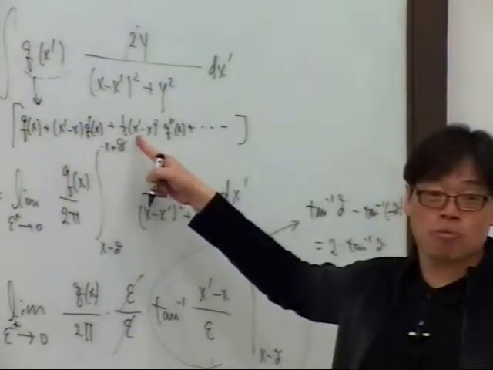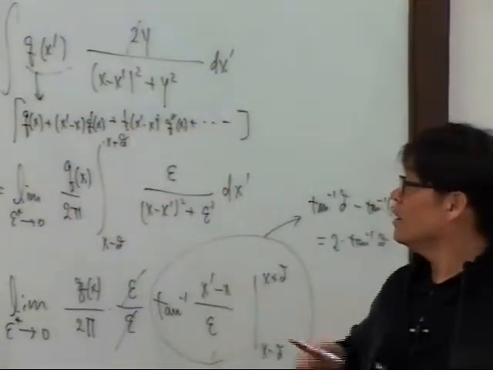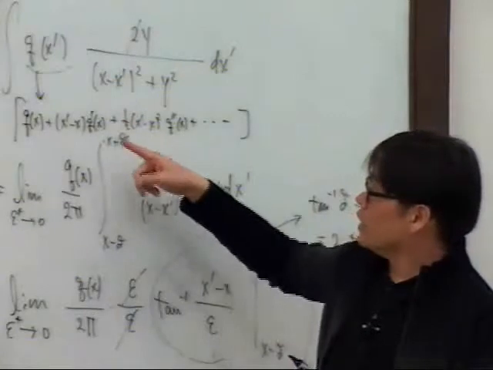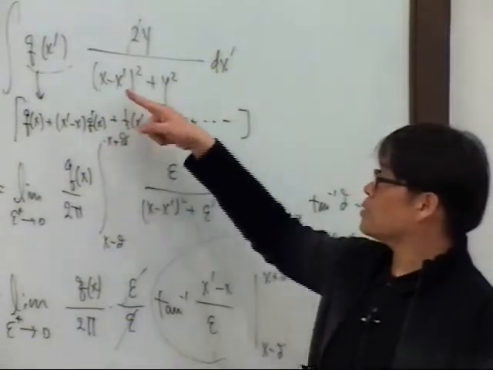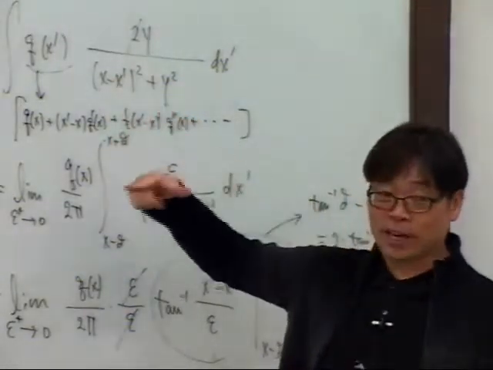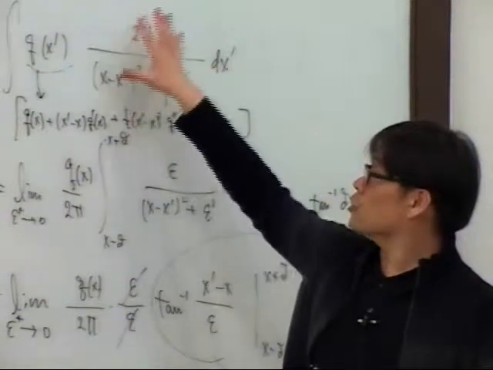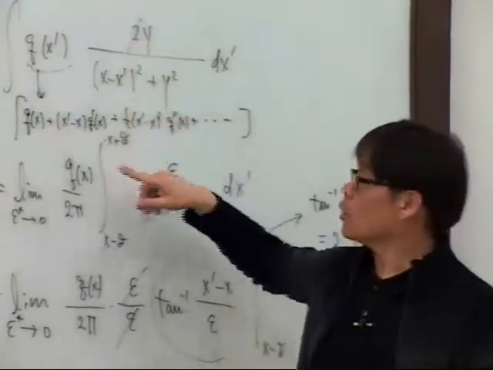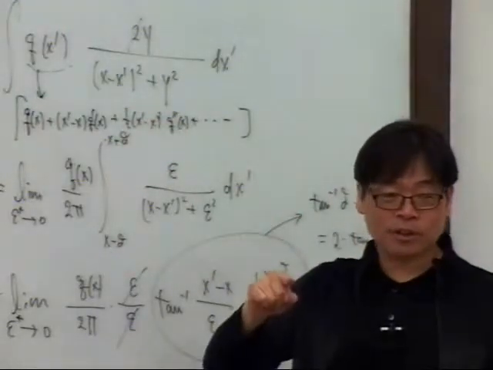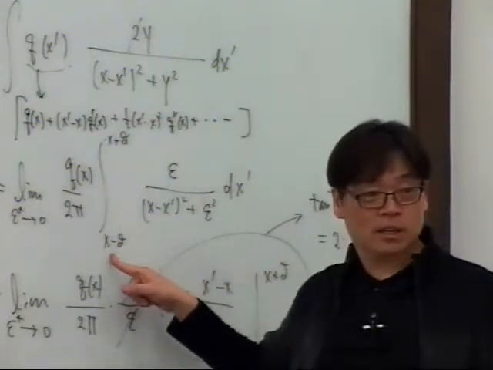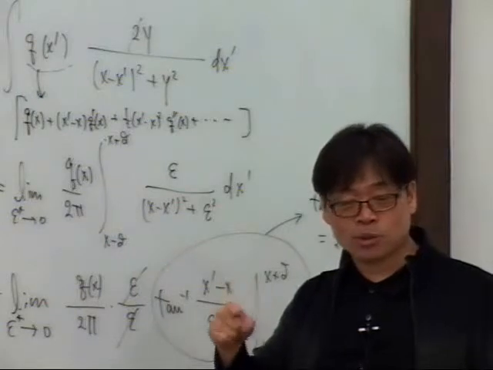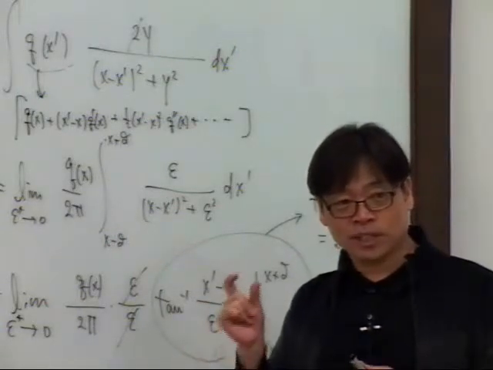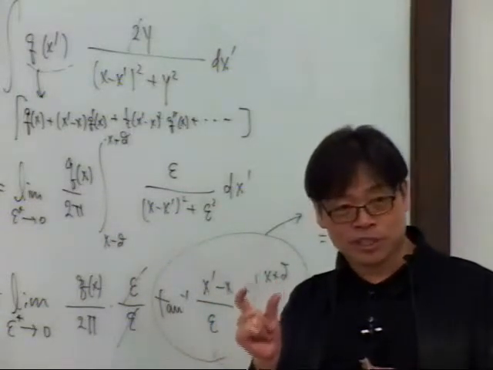Now, as I said, if x prime is far away from x, then this term is 0, so I don't care. I'm only interested in the neighborhood of x. When x prime is close to x, that's the only region that I'm interested in.